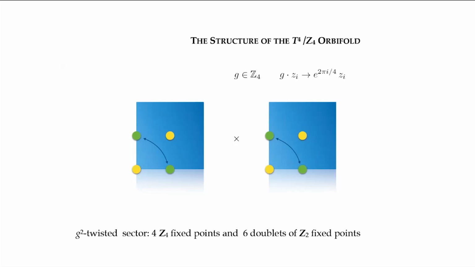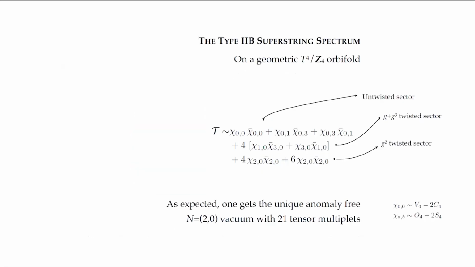Okay. So now, if you consider the compactification of type 2b, which is what we are going to do on this orbifold, this is very well known, and you want to have a geometric action of the Z4 orbifold, which means that you rotate the left mover and the right mover coordinates by the same amount, 90 degrees, and not in opposite ways.